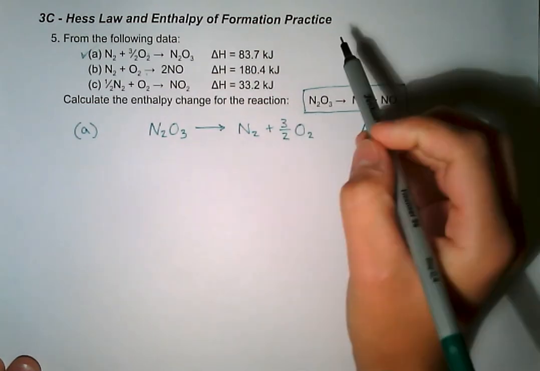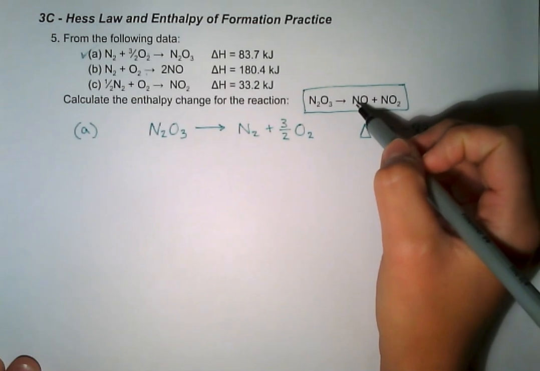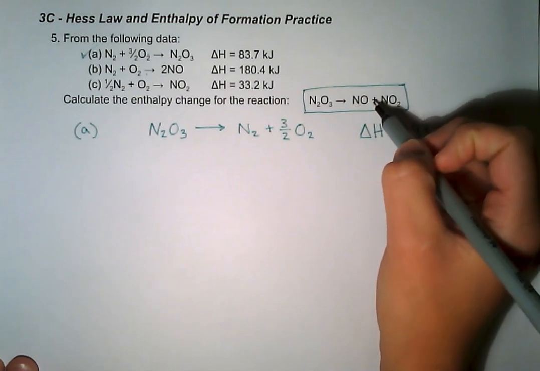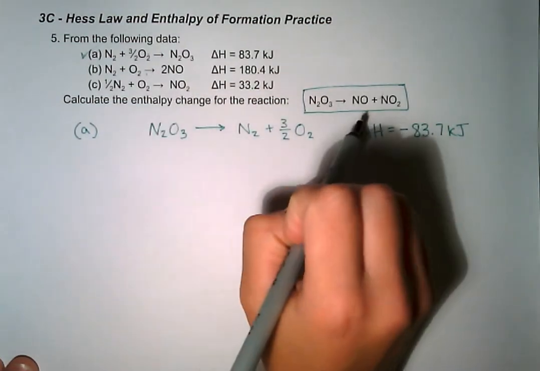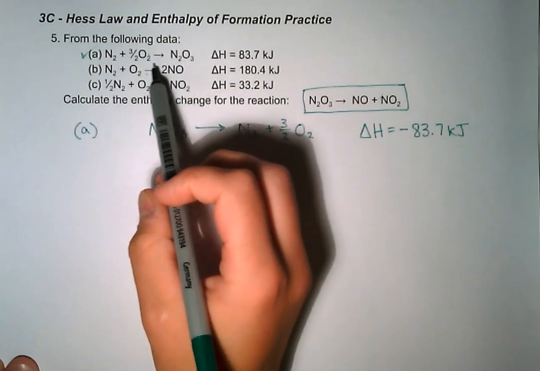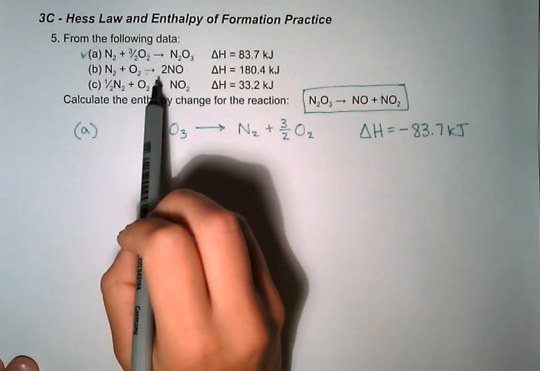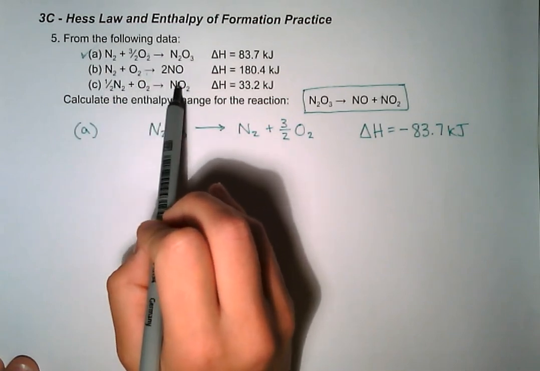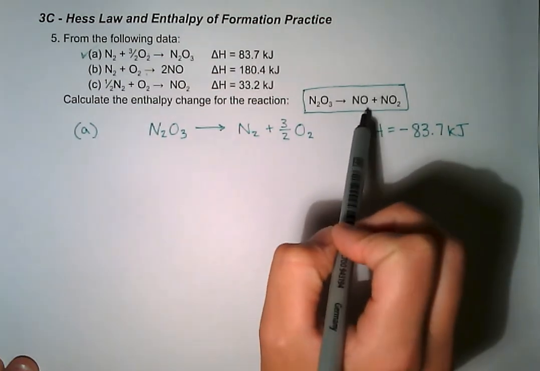Now looking at my next thing, I need NO, nitrogen monoxide, to be on the product side of my reaction. And I need one NO molecule. I see that NO only appears in reaction B. It doesn't appear in reaction C. And in reaction B, we have two NO molecules, and we only need one NO molecule in our final reaction.